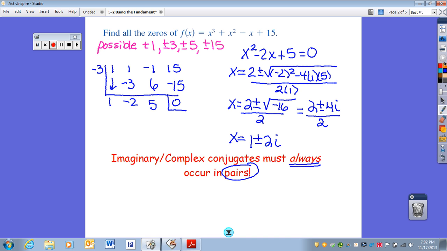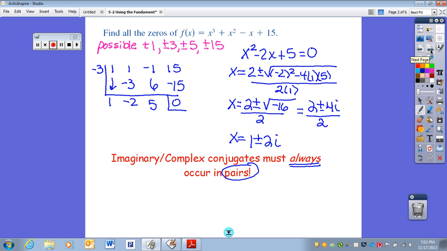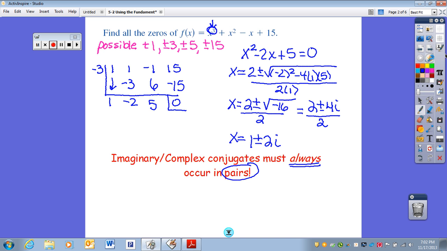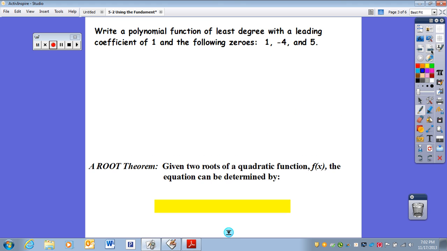So the fundamental theorem of algebra simply means this, that we take a look at our function when written in standard form, we find its degree, and it tells us how many solutions there will be for that particular function. And we've talked about that before, but we just didn't name it.